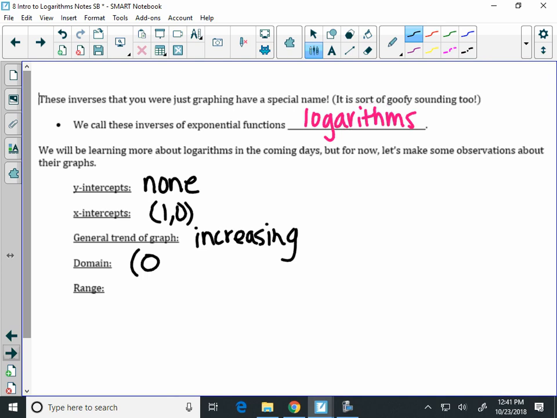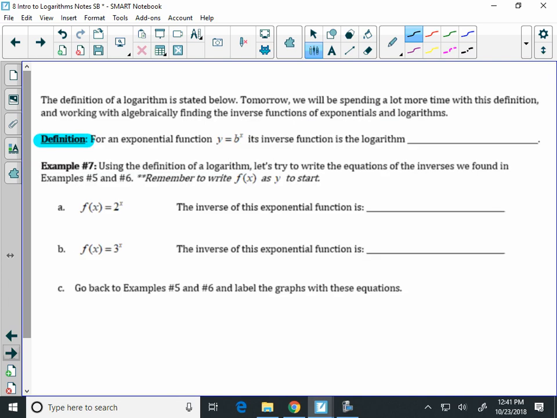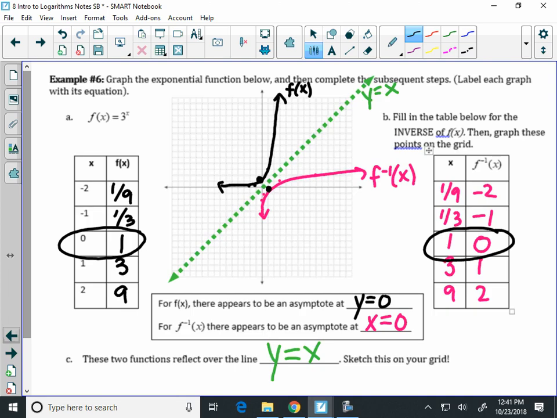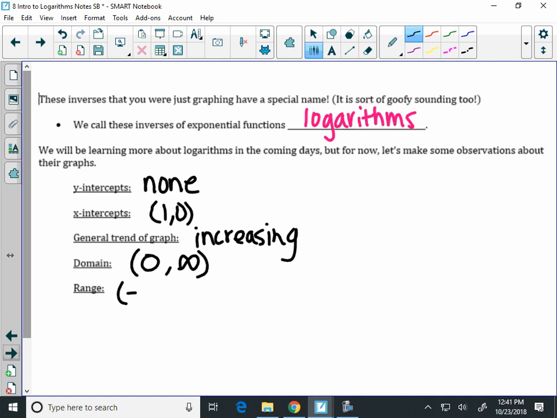And how far does it go to the right? Infinity. So your domain this time is from 0 to infinity. What's the range? Negative infinity to infinity. So if you remember anything about exponential functions, that's actually all the opposite of the other graphs.